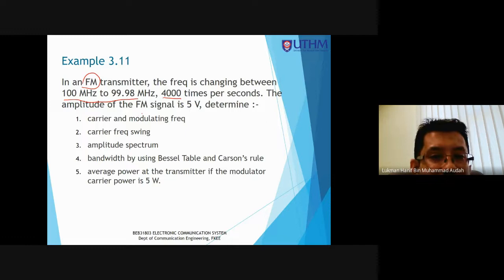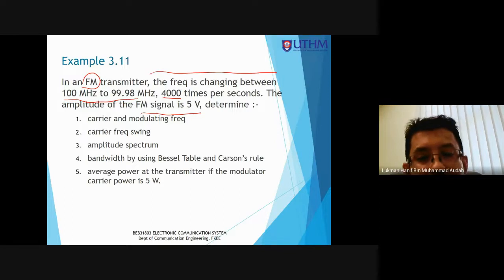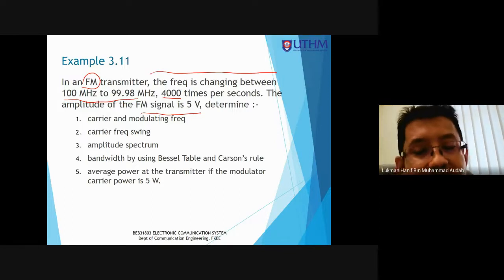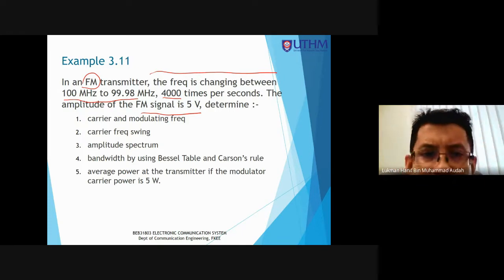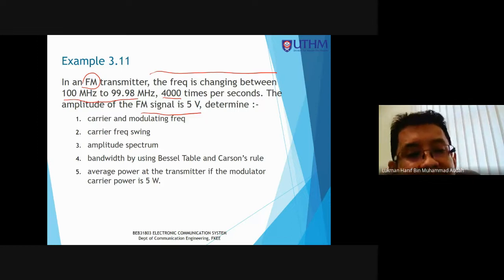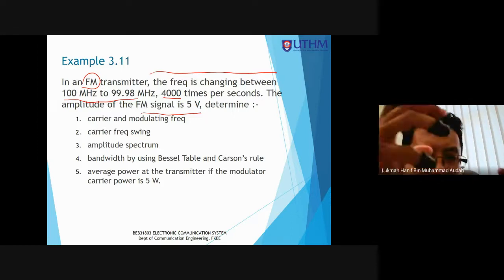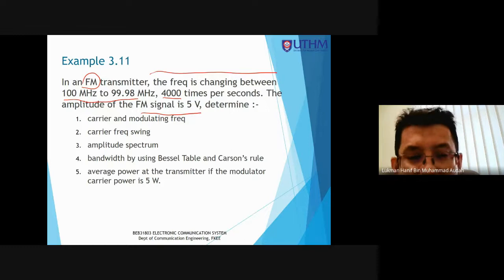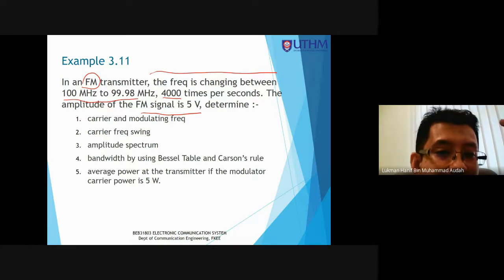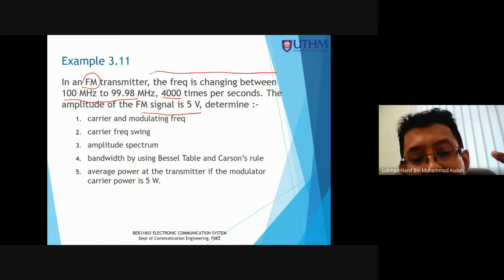The amplitude of the FM signal is 5 volts. If we draw it, I suggest to students, if there are questions like this, please draw to make it easier to see what this actually is. Because if we rely on the question words only, it's difficult for us to imagine. So you need to imagine to understand and to answer the question.